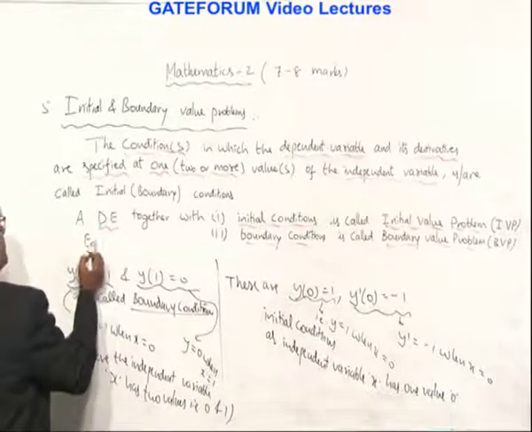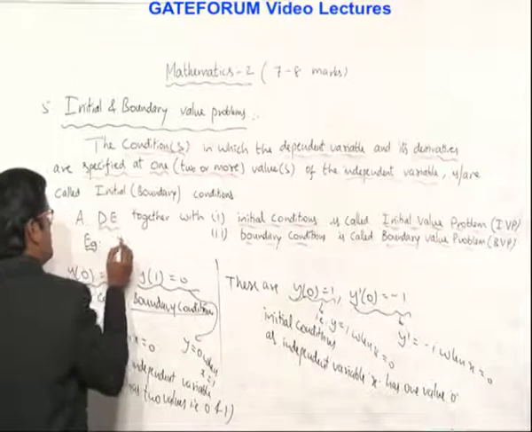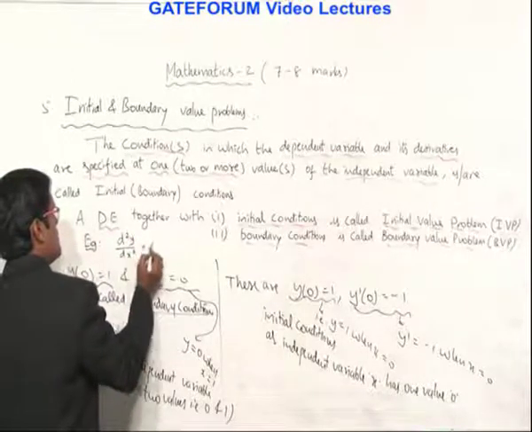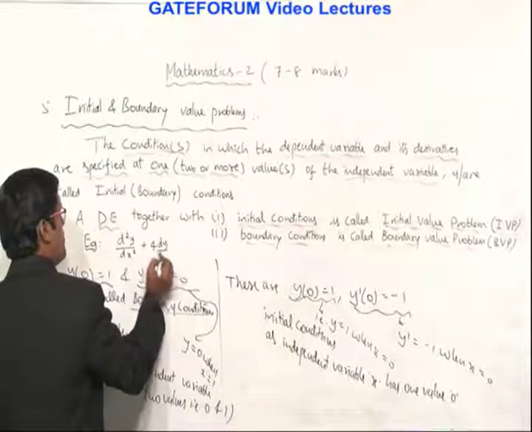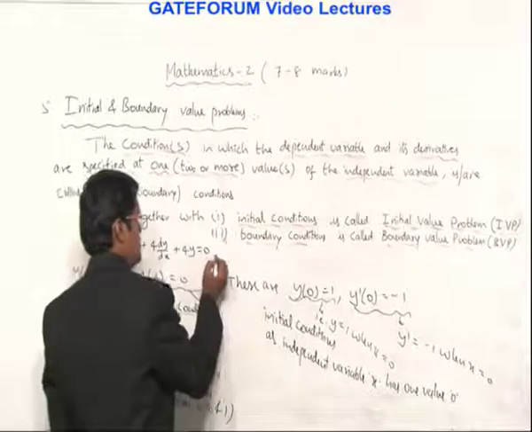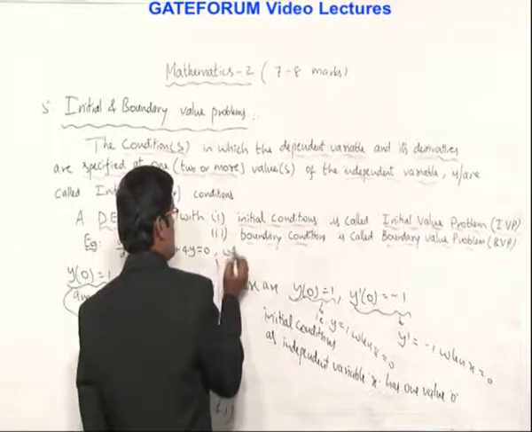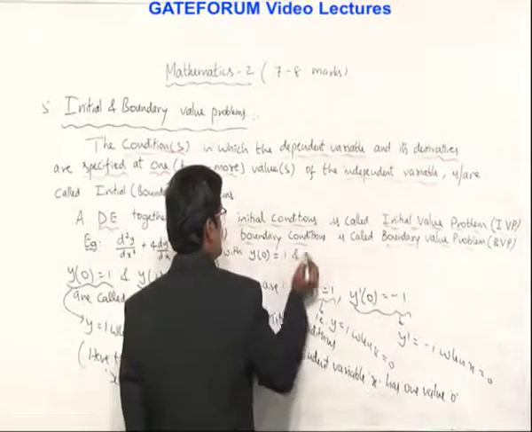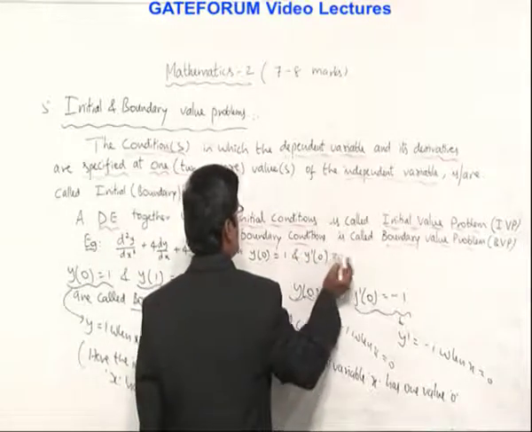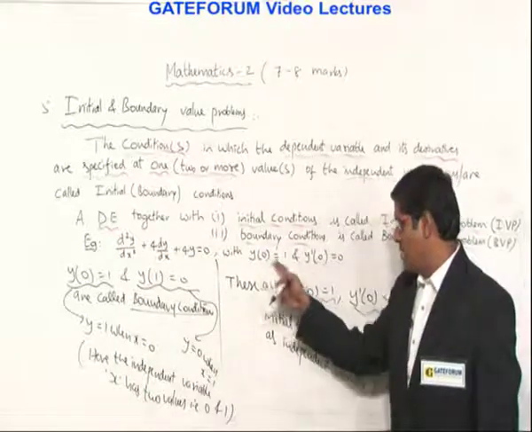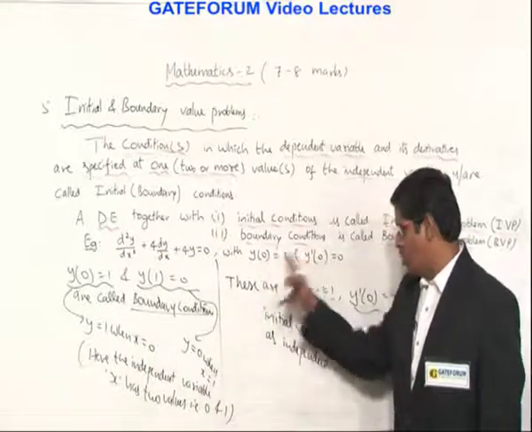So one example: d square y by dx square plus 4 dy by dx plus 4y is equal to 0, with y of 0 is equal to 1 and y dash 0 is equal to 0. So the independent variable x value 0, x value 0, x has only one value.